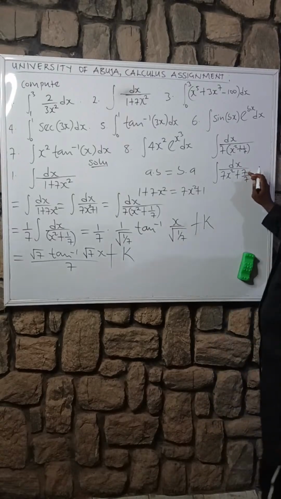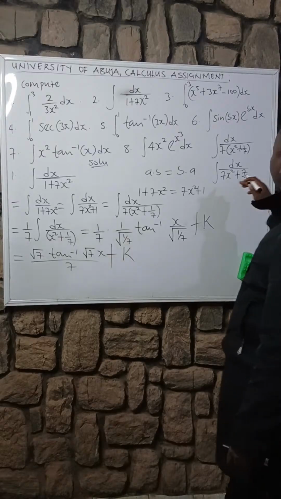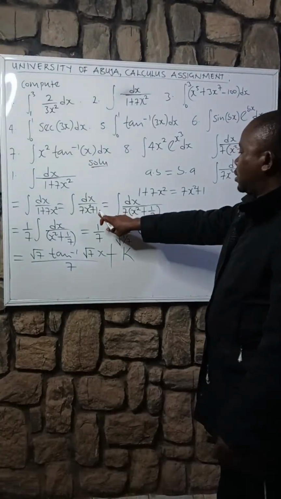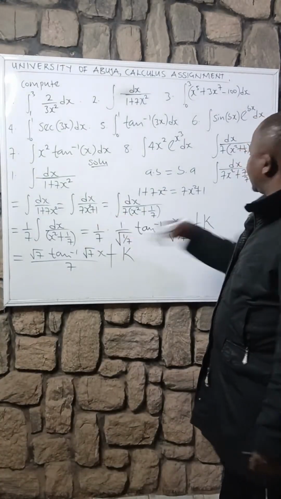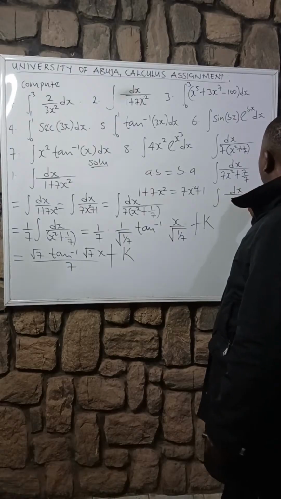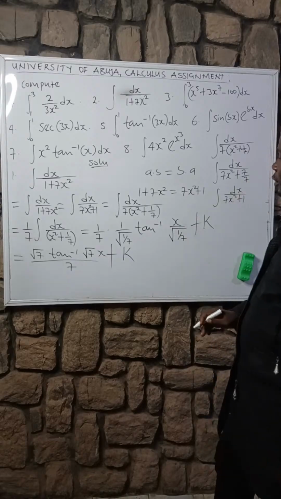So you can now see that 7 divided by 7, you now come back to this true or false, it's going to give you 1. So it's the same thing, dx all over 7x squared plus 1.